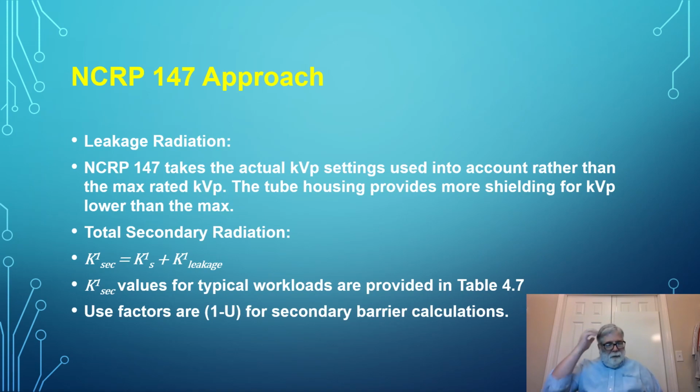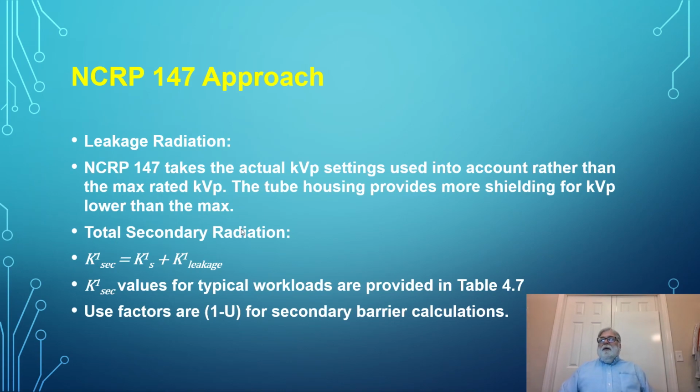They did all this work to find out what the kV settings are in a typical room, and they use that to calculate what the leakage would be given the regulatory limit. If it emits 100 milliroentgen per hour at the highest voltage, it would emit less than that at a lower voltage. And so it takes account of that.